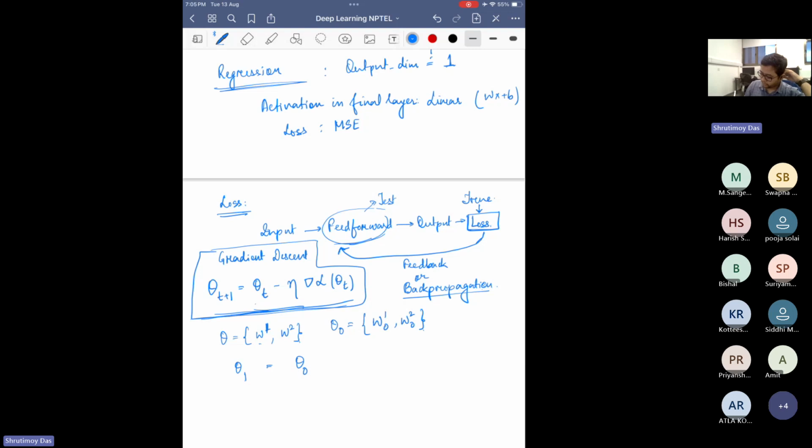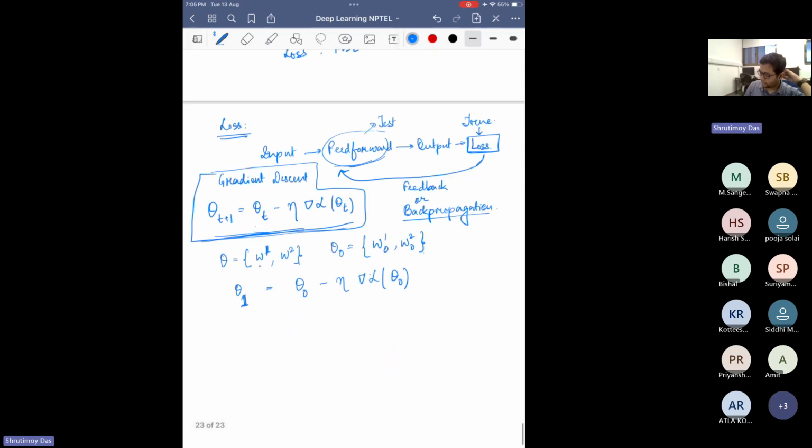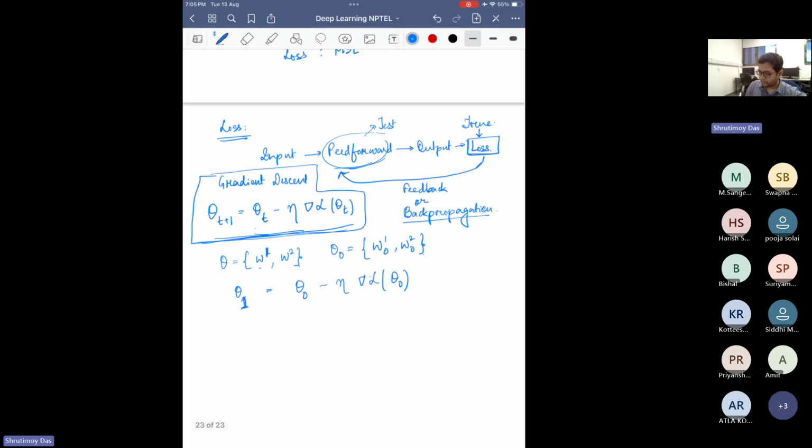Now at theta 0, our next updated parameters will be theta 1, which is theta 0 minus eta times the gradient of the loss with respect to theta 0, right? This is the gradient update step that will update your parameters W1 and W2.